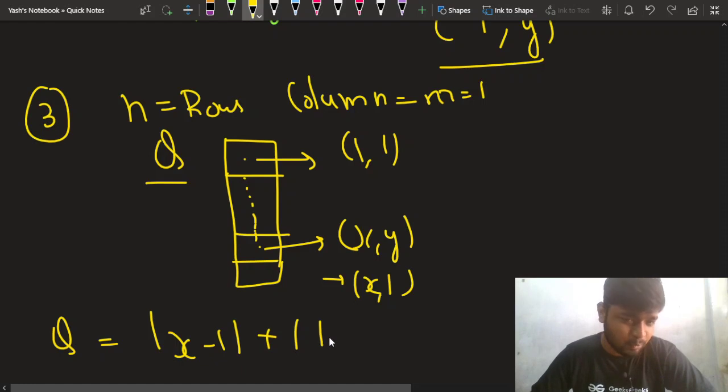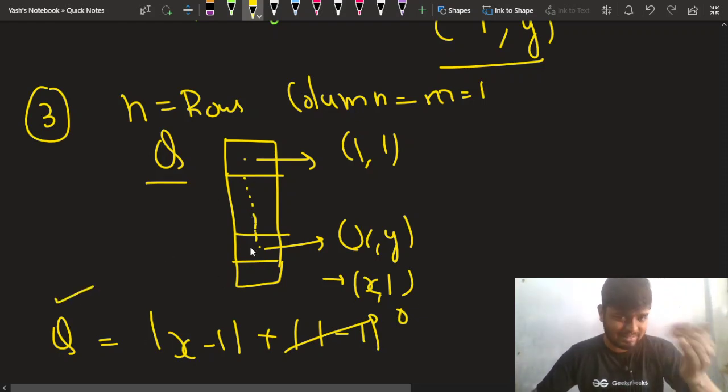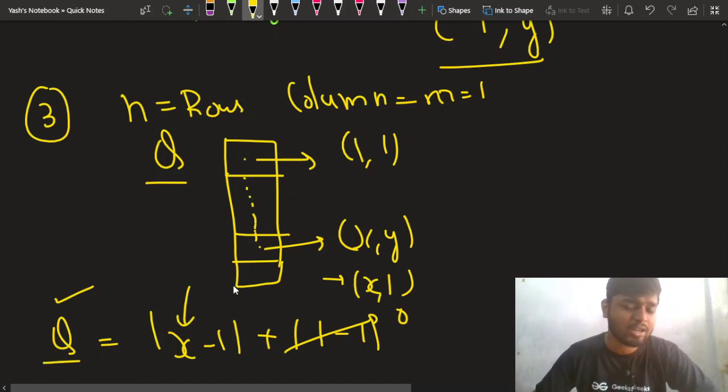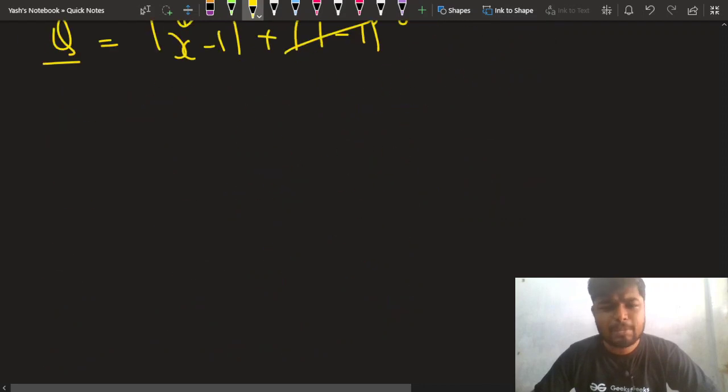The y coordinate for 1 comma 1 is 1, and the y coordinate for x comma 1 is also 1, so this will cancel out and be 0. Since this is a single column and you know the value of q, you can directly find the value of x, and you will know the cell x comma 1. Now there can be the fourth case.